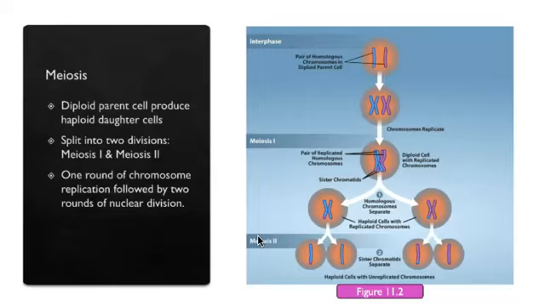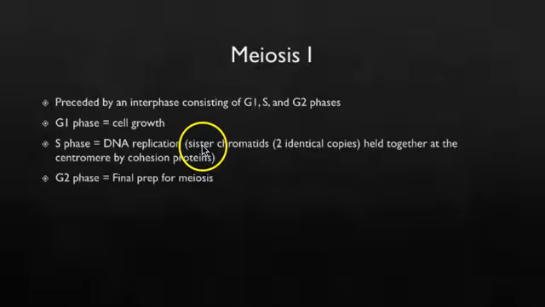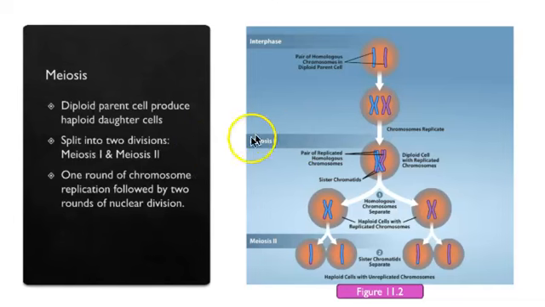So let's talk about meiosis. Meiosis is when we're going to have a diploid parent cell produce haploid daughters, and we split this up into two divisions. We have meiosis 1 pictured here and meiosis 2.